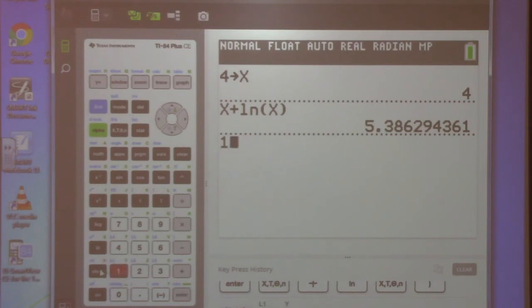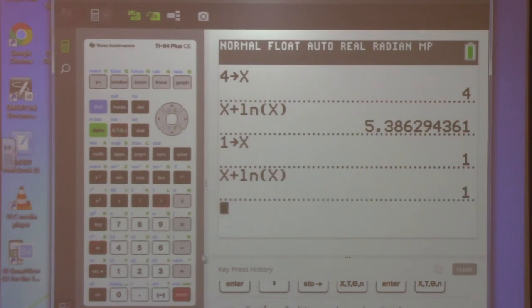And then 1 plus ln 1, and here we have f of a. So f of b minus f of a over b minus a.